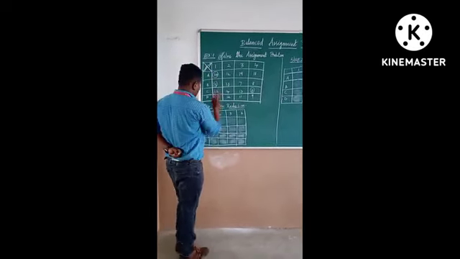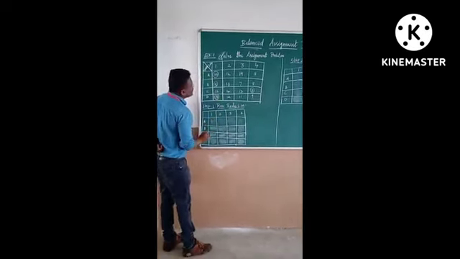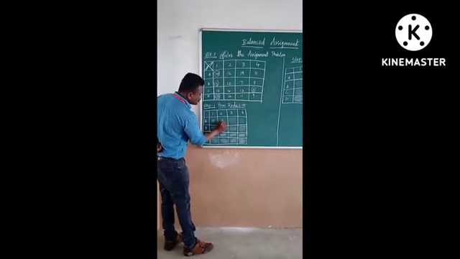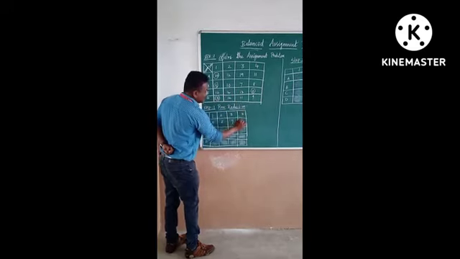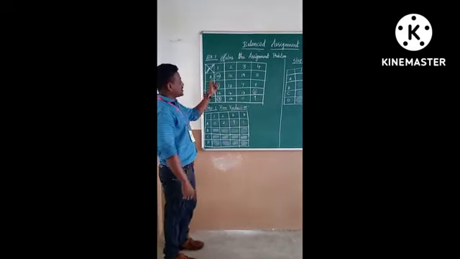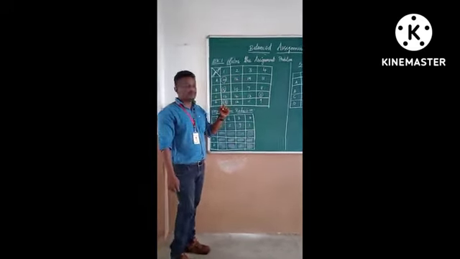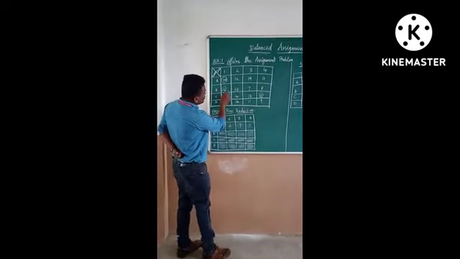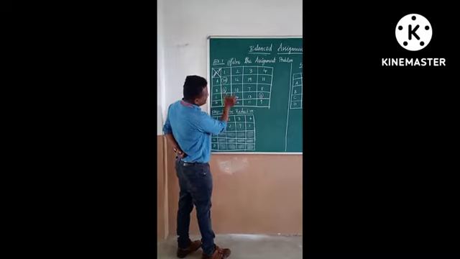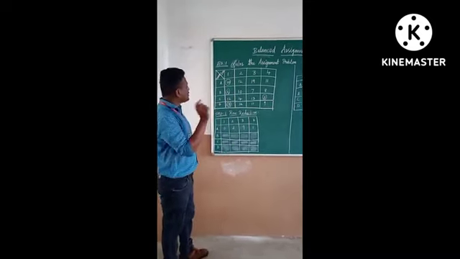Now 10 minus 10 is 0, 12 minus 10 is 2, 19 minus 10 is 9, 11 minus 10 is 1. The same structure has to be followed for all other rows. Now let us go to the next row. Here we have to identify the minimum entry.